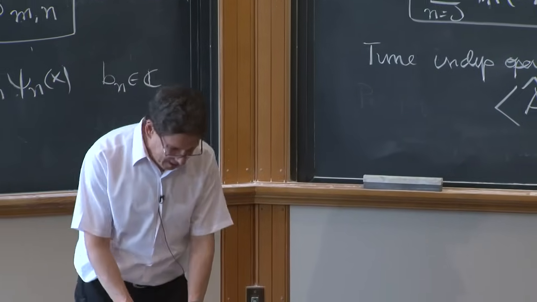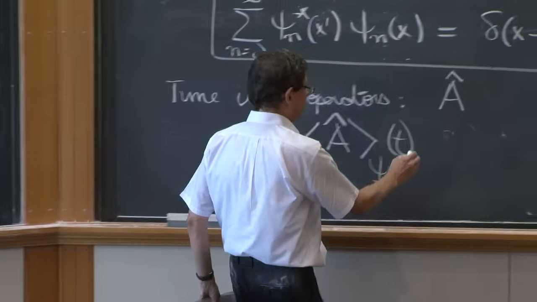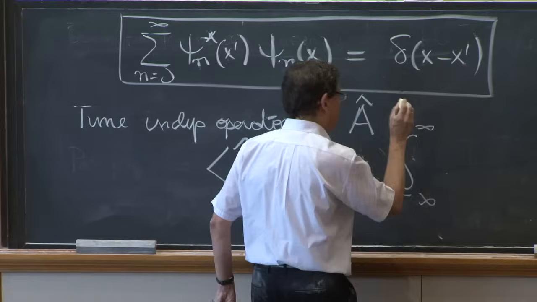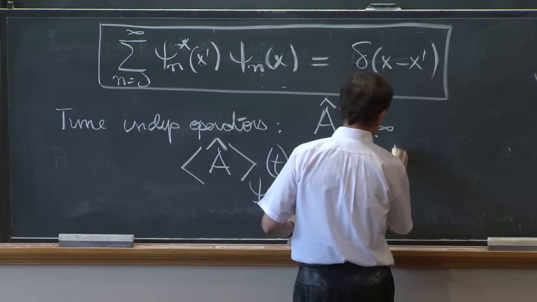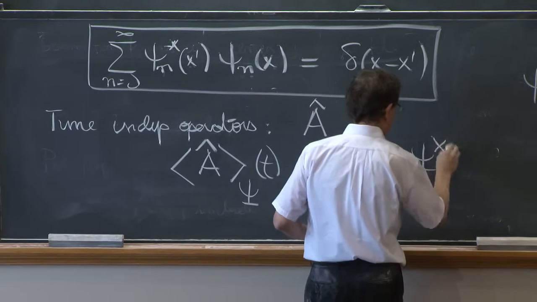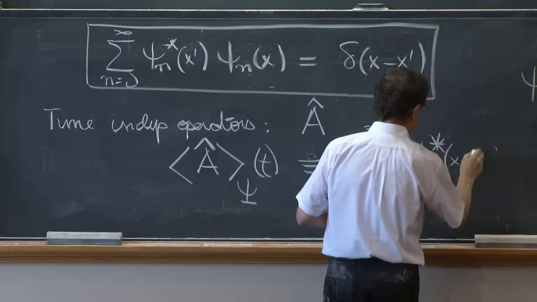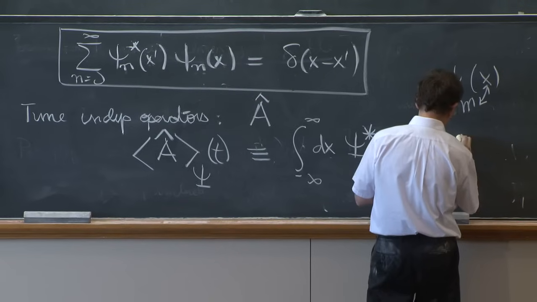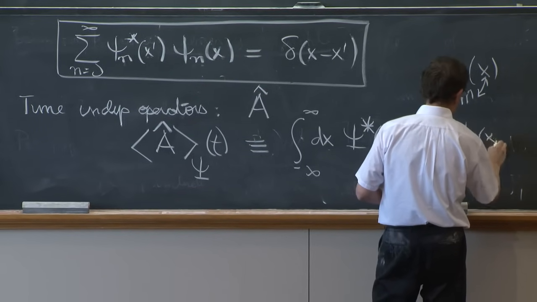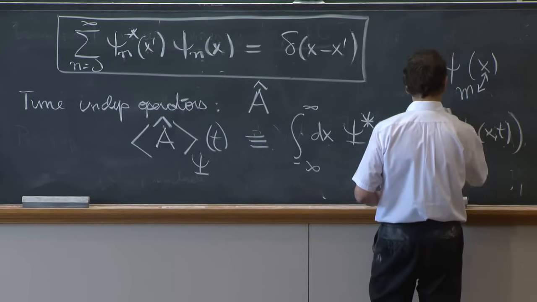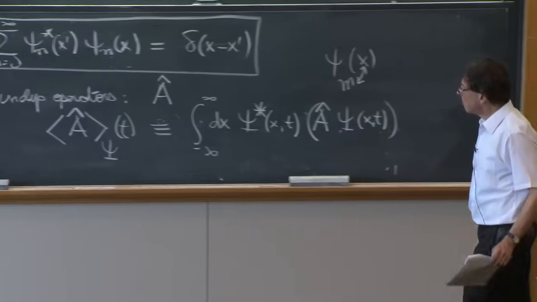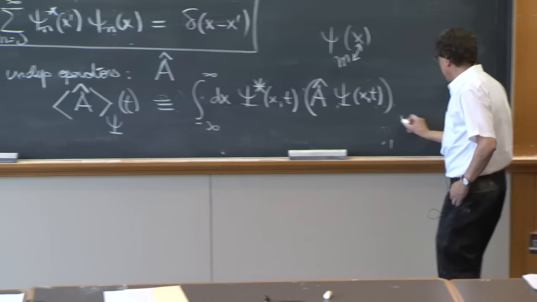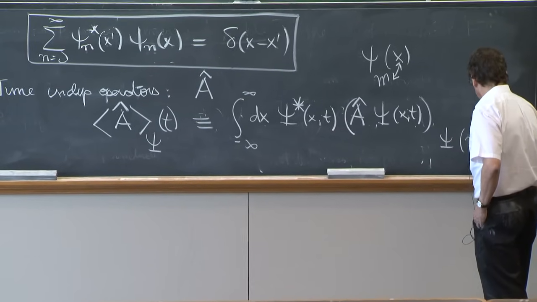And how is it defined? It's defined by doing the following integral, from minus infinity to infinity, dx psi star of x and t, and then the operator A acting on psi of x and t. And psi is supposed to be a normalized state.